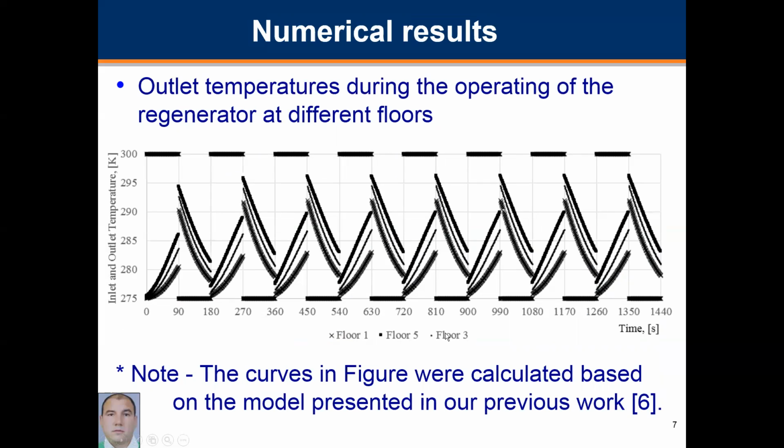The curves in the figure were calculated based on the CFD model presented in our previous work 6. The graphs present the inlet and outlet temperature for most of the regenerators with a half period of 19 seconds, and the regenerator reached the quasi-steady state regime after 8 switches.